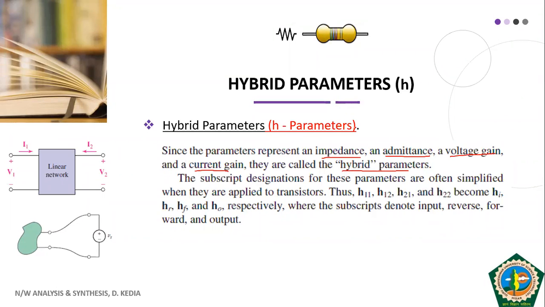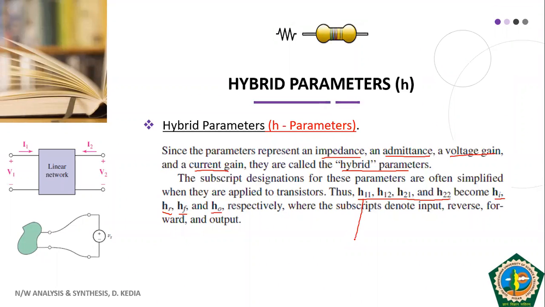Another important thing is, though we have represented H parameters in the form of H11, H12, H21, H22, this notation is suitable for matrix representation. In electronics, you will come across these parameters with some different names or notations, like HI, HR, HF, and HO.